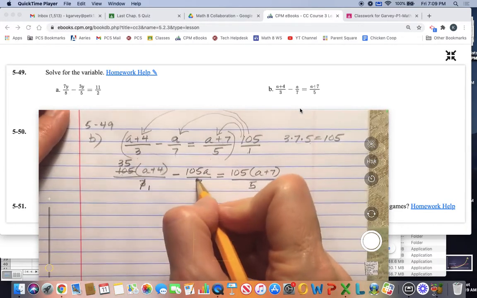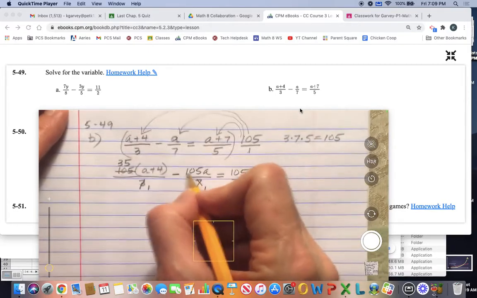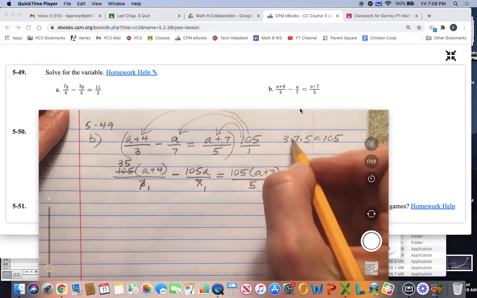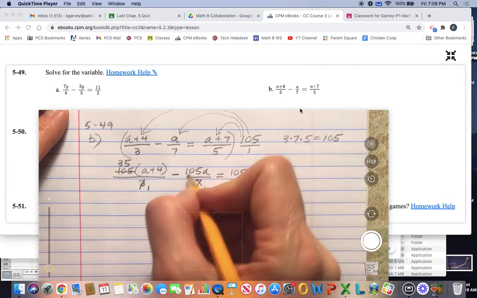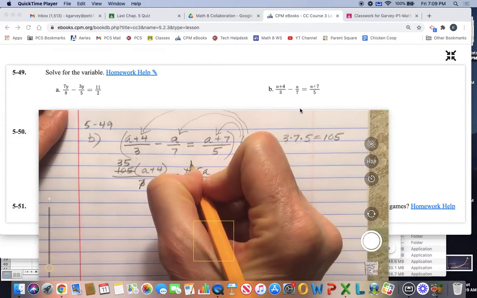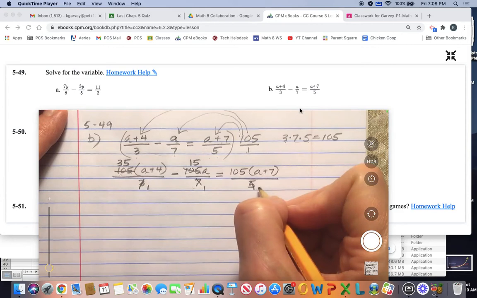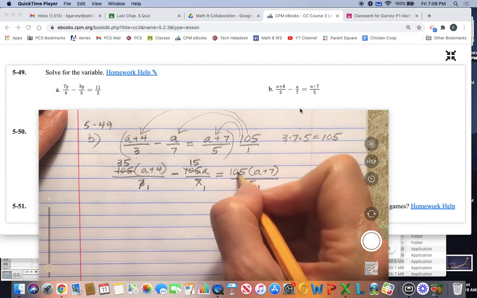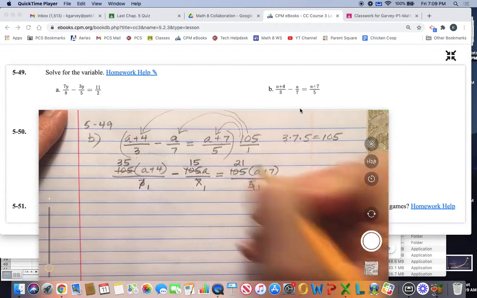And 7 goes into 7 once, and 7 goes into 105 15 times. And 5 goes into 5 once, and 5 goes into 105 21 times.